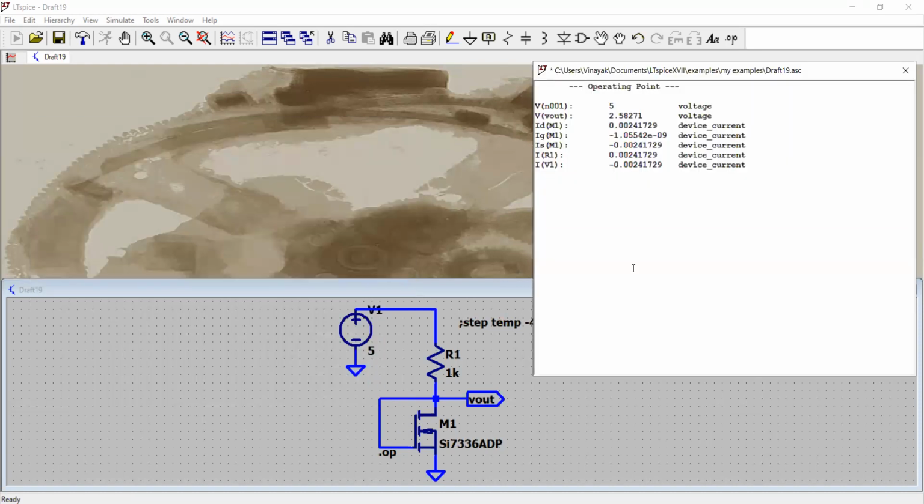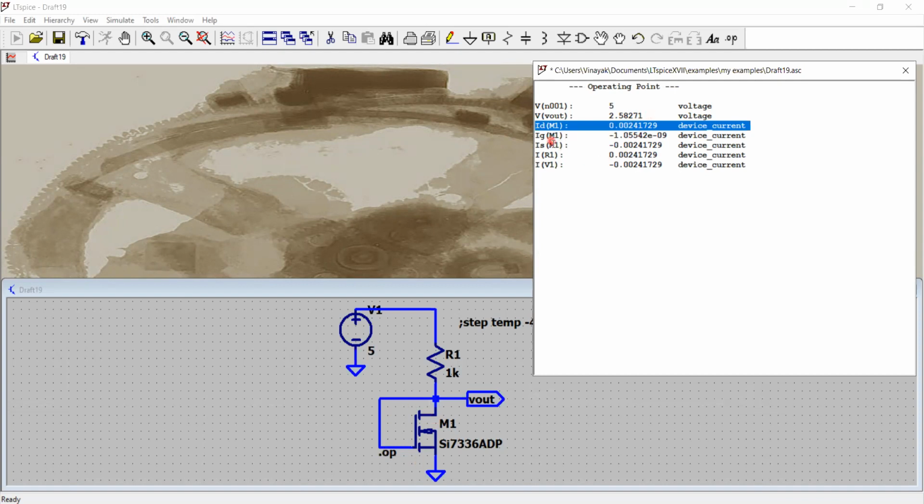We see that the voltage at node 001 is 5 volt, which is this net. Then 2.5 volt is what I generated. I am letting the current flow through this transistor, which generates the VGS, the output voltage of 2.58 volt. The current is 2.4 milliamperes. That is the drain current. Essentially, the gate current is 0.